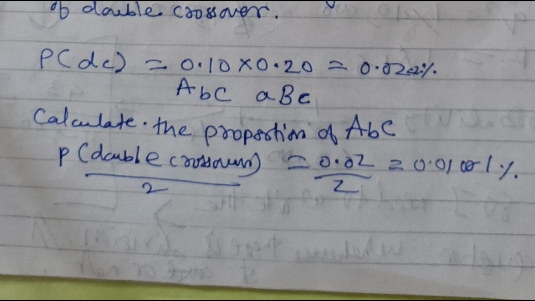So the proportion of capital A, small b and capital C gametes is P double crossing over divided by 2. We calculated the double crossing over as 0.10 times 0.20, which is 2%, that is 0.02. So 0.02 divided by 2 comes out to be 0.01, that is 1%. So the proportion of gametes that carry the genotype capital A, small b and capital C is 1%.